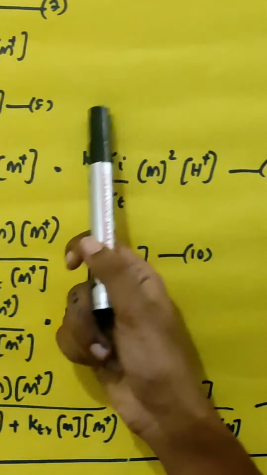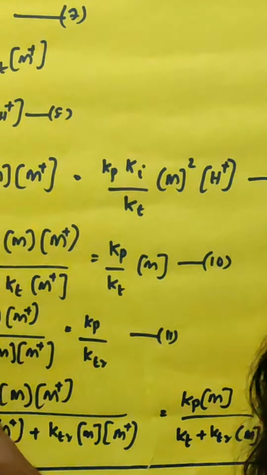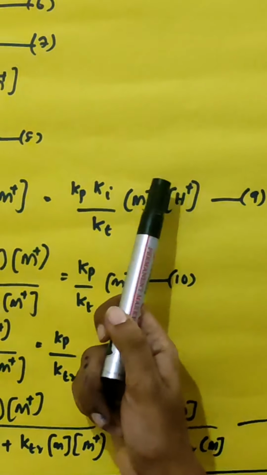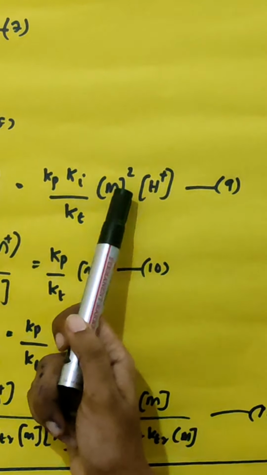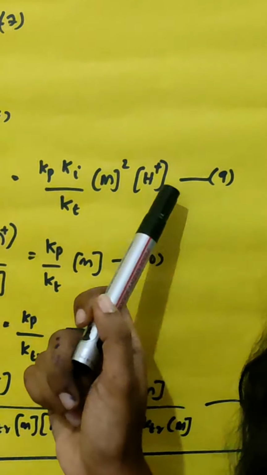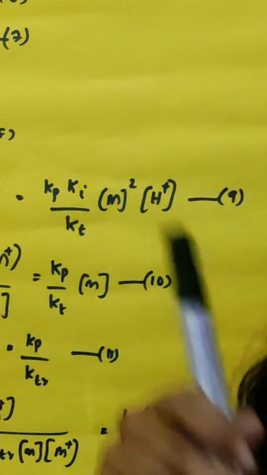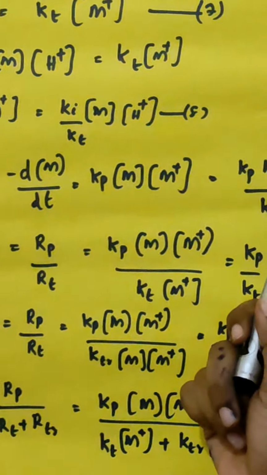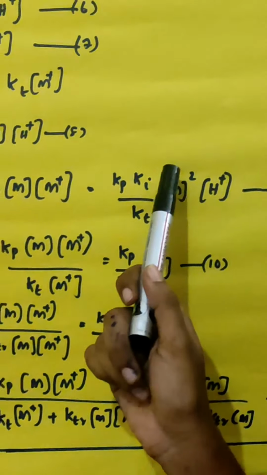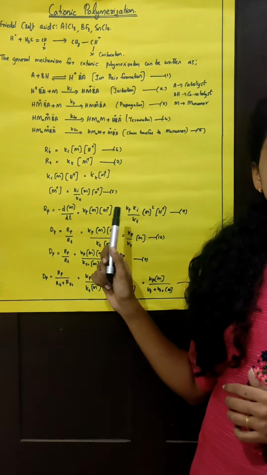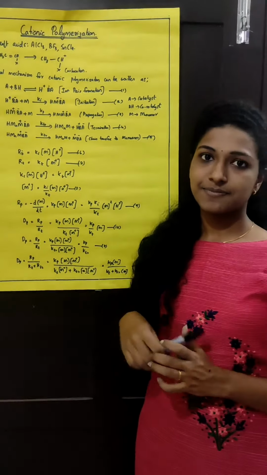Then we get Rp equals Kp into Ki by Kt into the square of the concentration of M into the concentration of H+. This is equation number 9. From this equation we get that Rp is directly proportional to M squared. That is, this propagation step is second order kinetics.